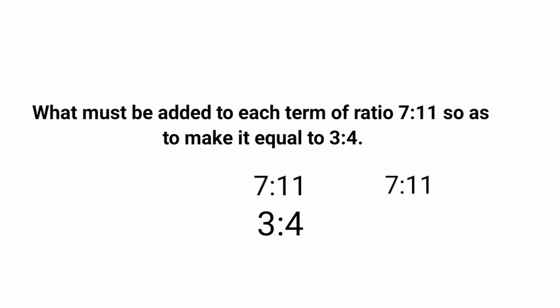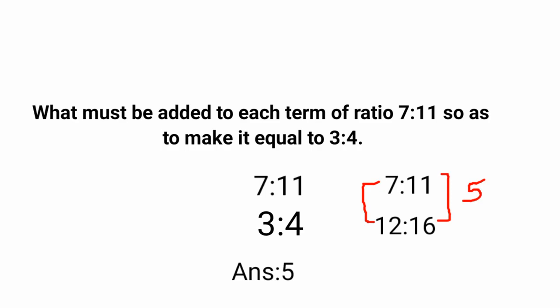So, multiplying 3:4 with the 4, we will get 12:16. So, we got this difference equal. That is 12 minus 7 is 5 and 16 minus 11 is 5. From this, it is clear that the term which must be added to the ratio 7:11 is 5. So that the new ratio will be 3:4.